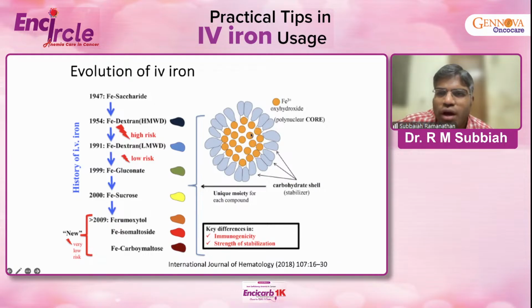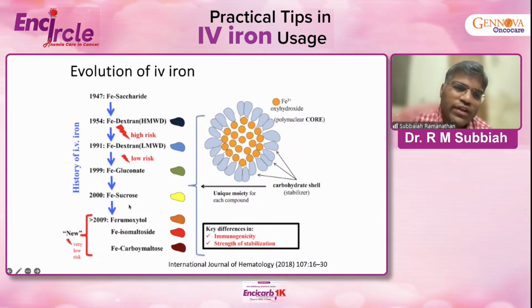So the ferric ion oxyhydroxide, or the polynuclear core, has the carbohydrate shell around it, which is for stabilization, and the shell size varies on these agents. So that decides the immunogenicity and strength of stabilization. Whatever free iron is available outside the shell can cause reactions. So the free iron not incorporated within the shell can lead on to those reactions.